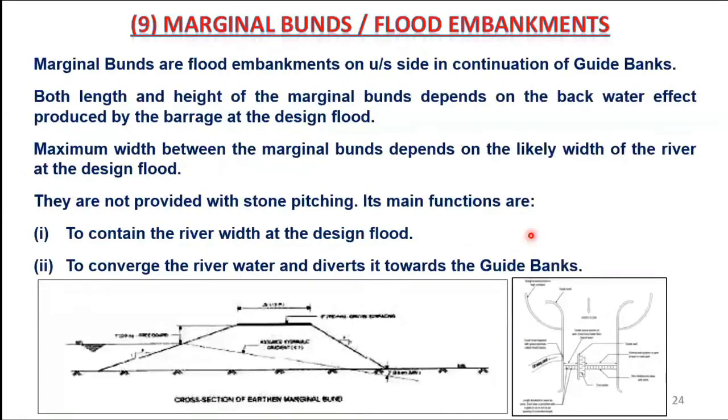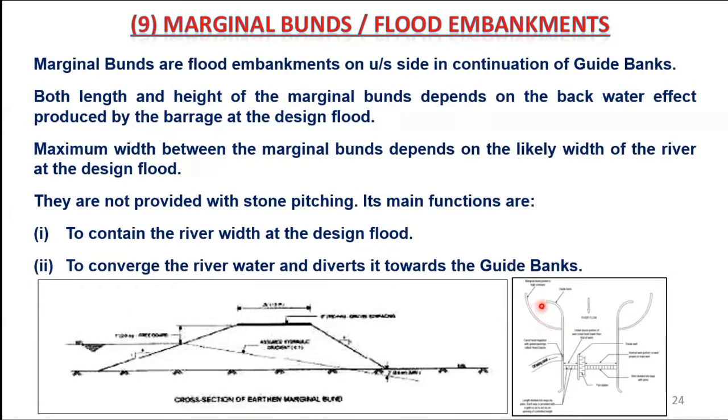Now come to the marginal bunds or the flood embankments. Marginal bunds are basically flood embankments on the upstream side, in continuation to the guide banks. So these are the guide banks, and this is the upstream side of the barrage. These bunds are provided on the upstream side.